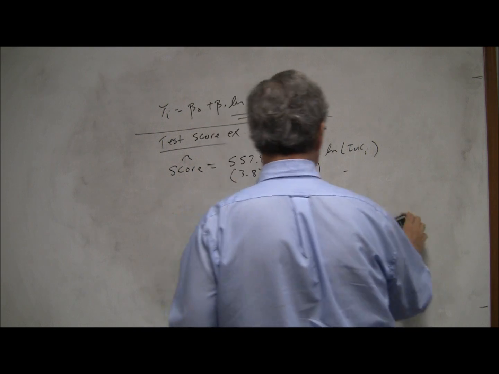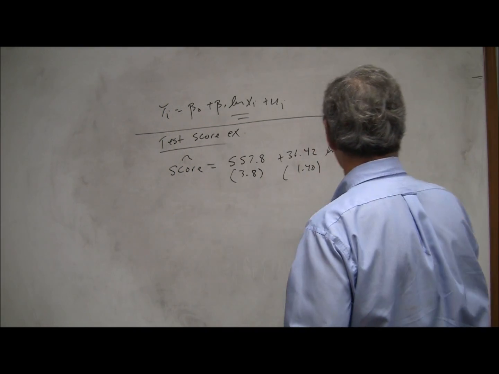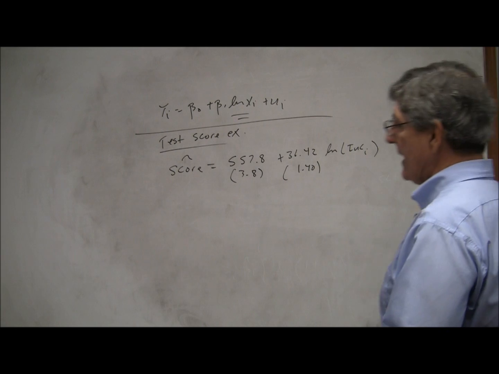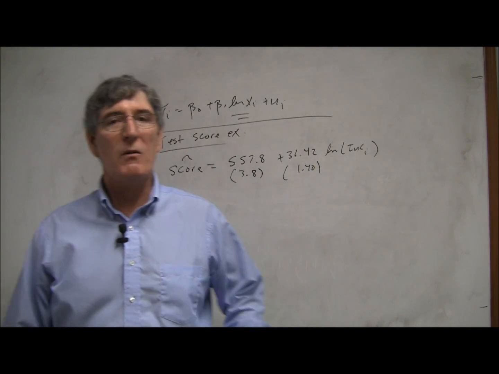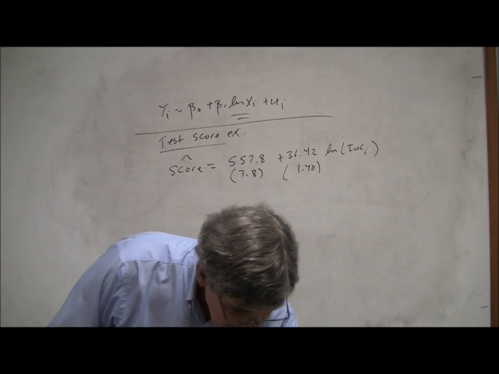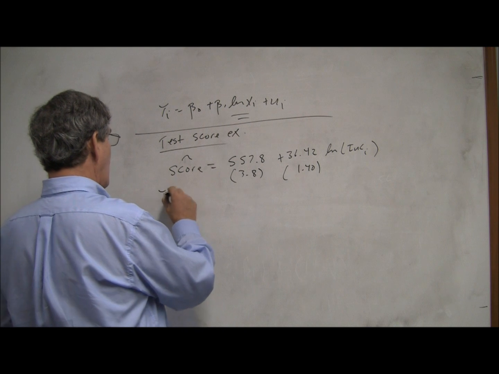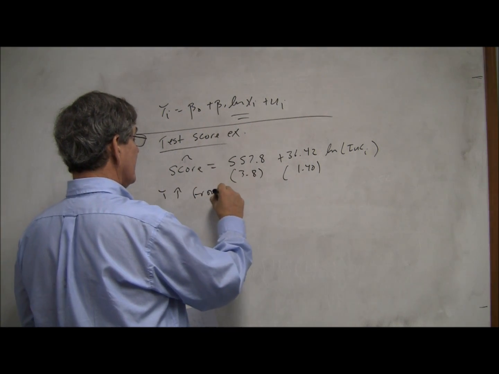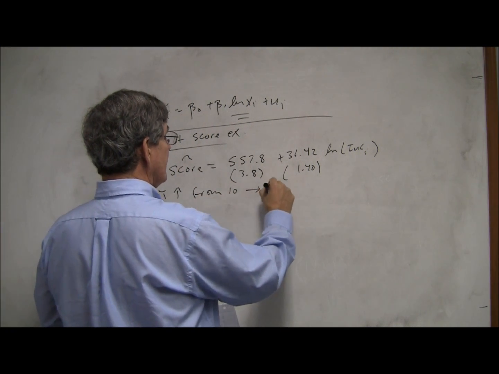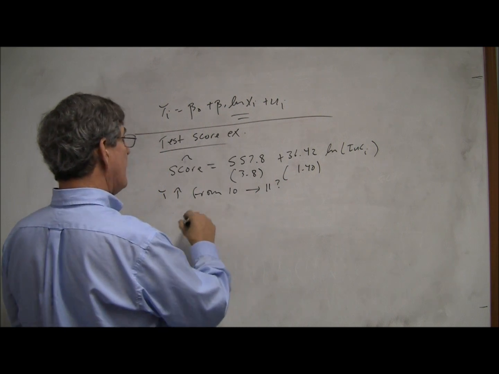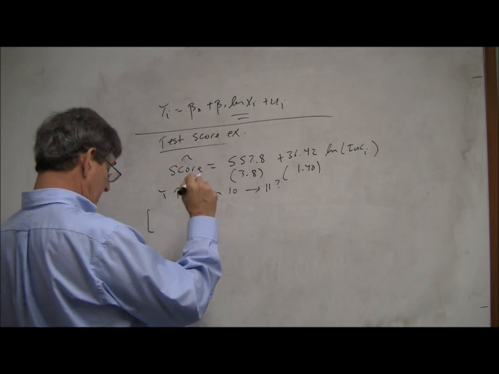You could also do it in the original units. In other words, if I don't want to talk about percentages, but I want to talk about dollars, you could say, what if income goes up from 10,000 to 11,000? What would happen? Well, there what you do is just what you did before.